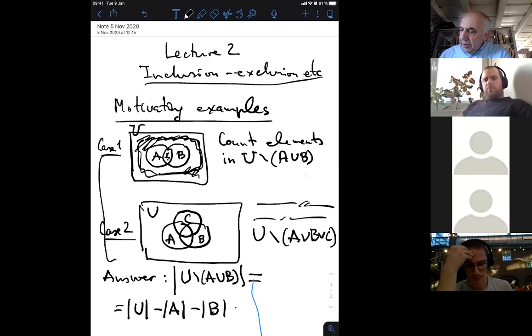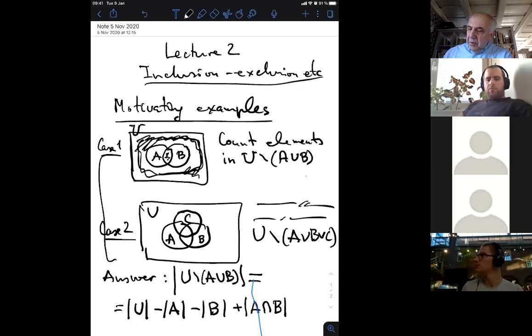So we have to put the number of elements in the intersection back. And this would be a correct formula.